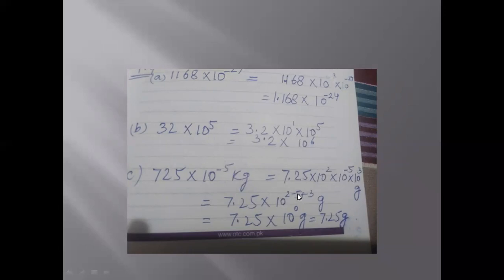On solving this, 2 minus 5 plus 3, this will be 10 to the power 0, and 10 to the power 0 is equal to 1. So it will become 1 only, and I will get 7.25 grams.